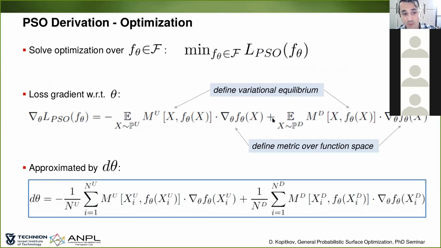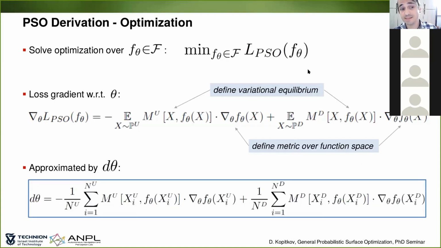Again, we can see here two expected values. mu and md define some variational equilibrium that was shown before, the Euler-Lagrange equation. And now we also have these model gradients, and they actually define the metric over the function space. I will talk about them more at the end of the presentation. Now, the final part is just to approximate this population loss gradient with the sample approximation over the samples that we obtained. So this is the d theta that we saw before, and it concludes the derivation of this framework.